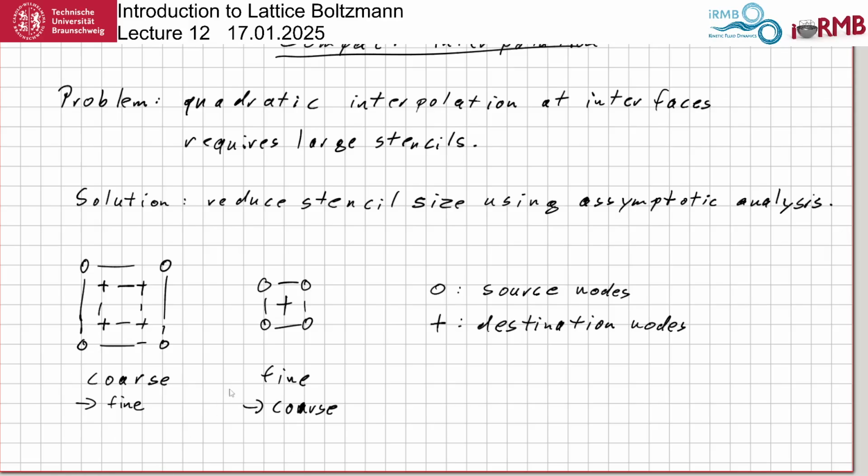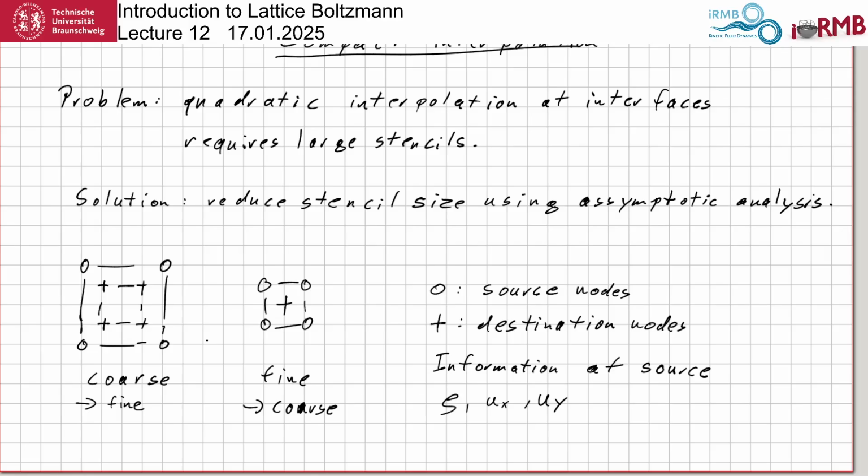Now, the information that we use for the transfer at the source is the following. We have to use rho, the density, and ux and uy. So we are transferring, of course, the macroscopic information.